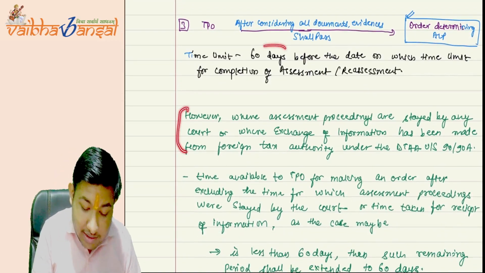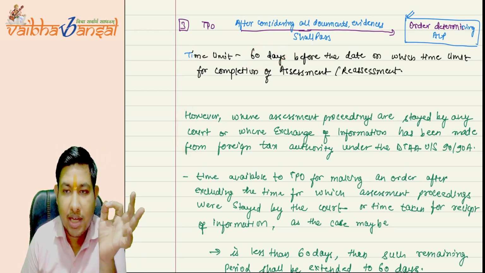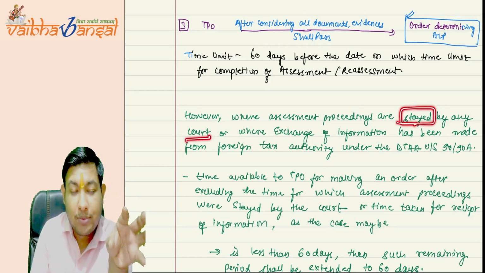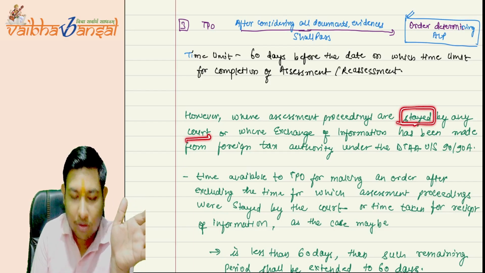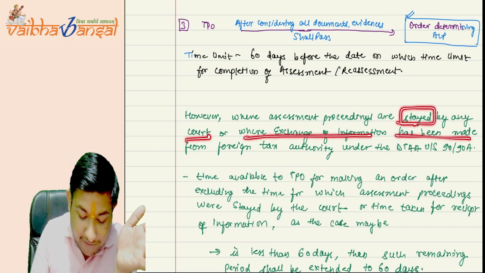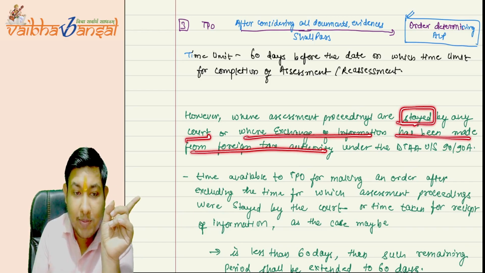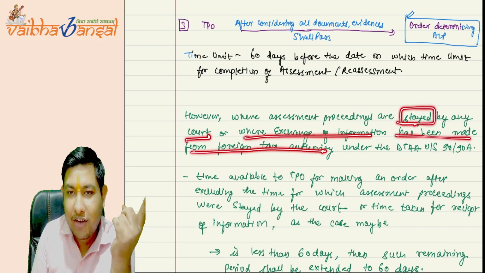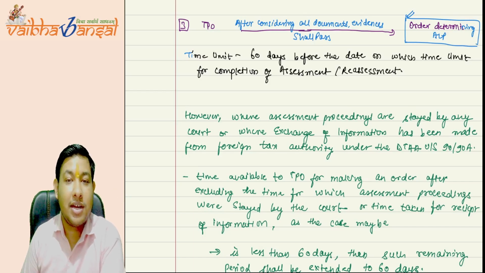However, now we are saying something for the 60 days. However, where assessment proceedings are stayed by any court, like the assessment proceedings are on hold by an order of the court, or where exchange of information has been made from the foreign tax authority under the DTAA. Just remember, we have completed it: the exchange of information, one of the objectives of the DTAA, under the chapter on double taxation relief.